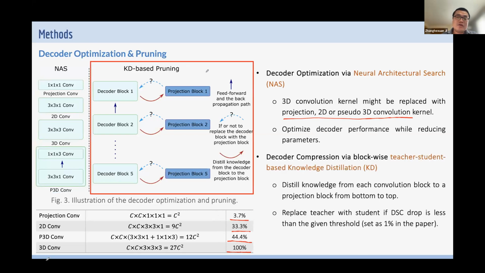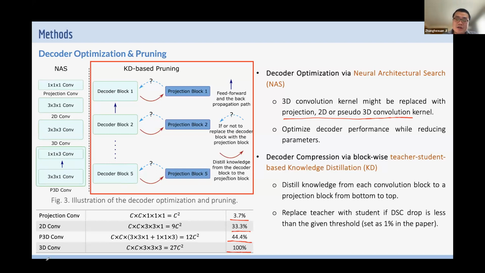And then we will use a teacher-student based knowledge distillation to prune the decoder in order to further reduce the parameters. From bottom to top, we treat each convolution block as a teacher, and we want to use the distillation method to replace the convolution block with a projection layer.